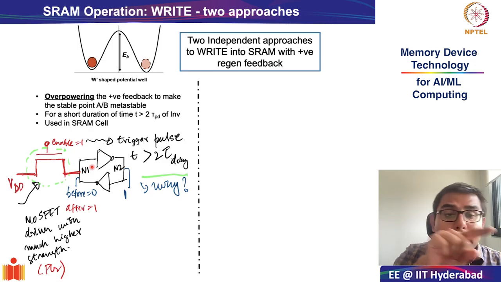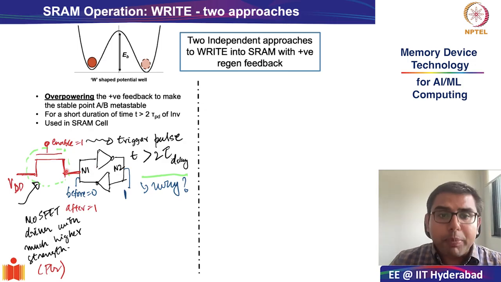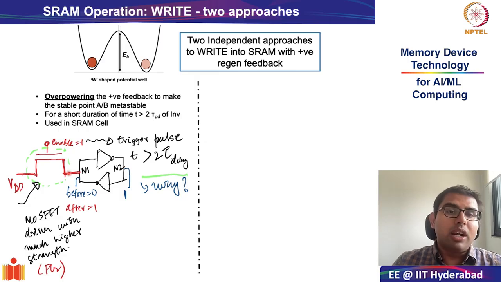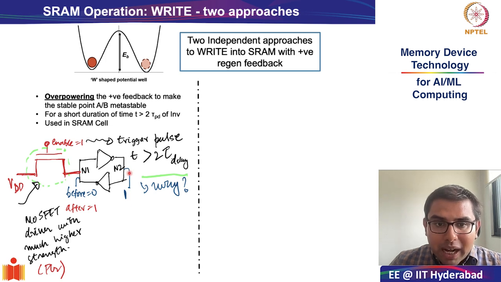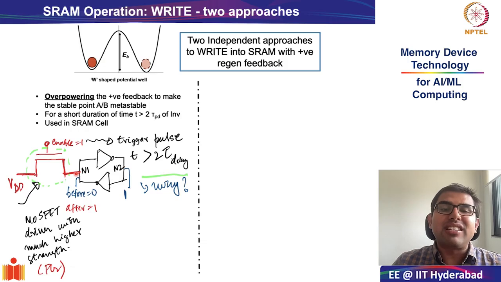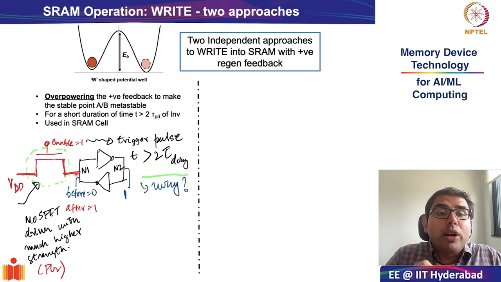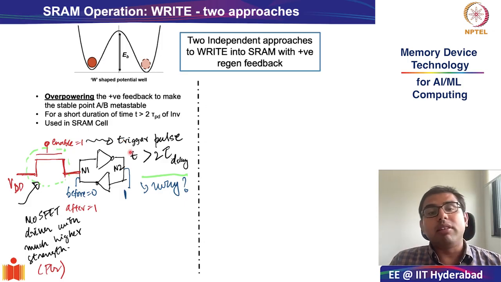So the regenerative power, for example, in this case, if we apply the pulse for less than 2 times of tau delay, by the time this strong input has passed through both these inverters and come back to facilitate the change, the inverters or the positive regenerative feedback will be able to overpower the signal. Therefore, this requirement of having the trigger pulse for more than 2 times the tau delay.